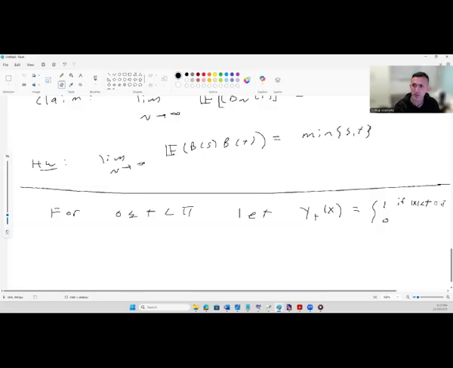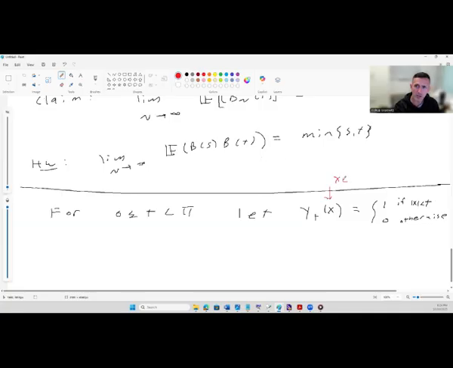To be clear, I want this to be a function defined on minus pi to pi.